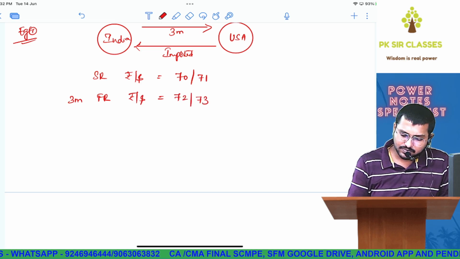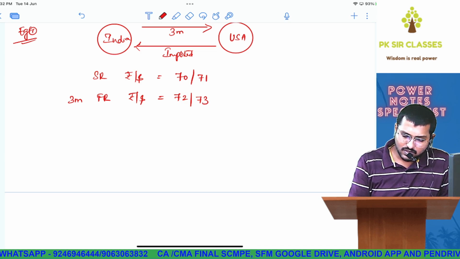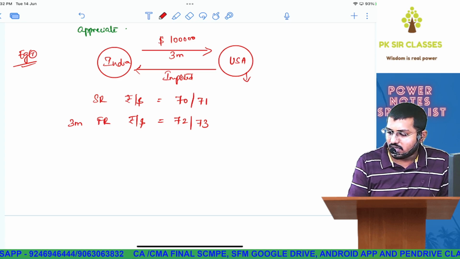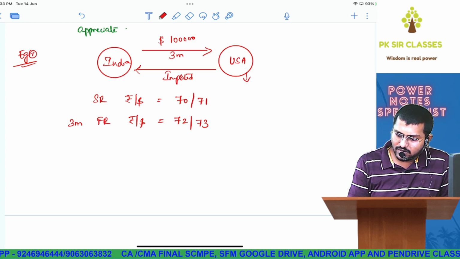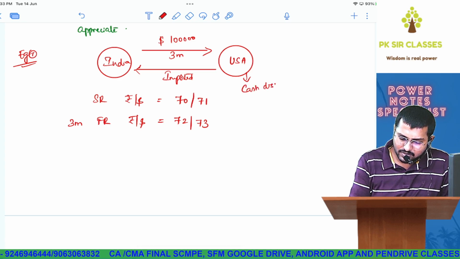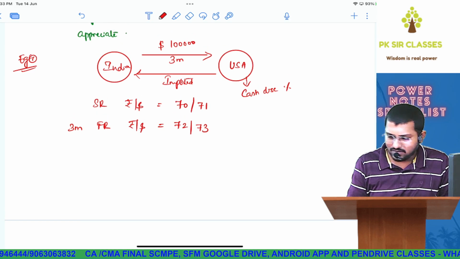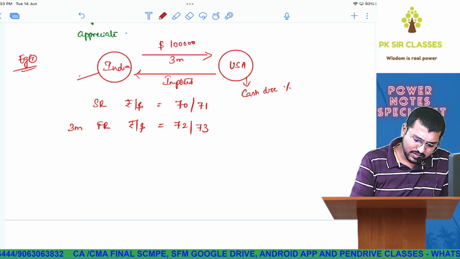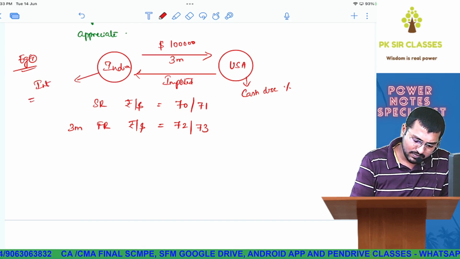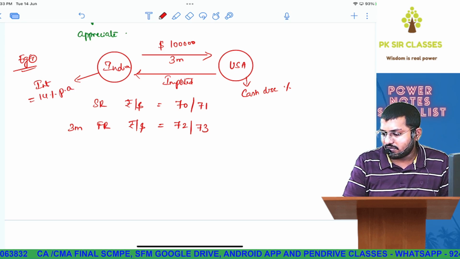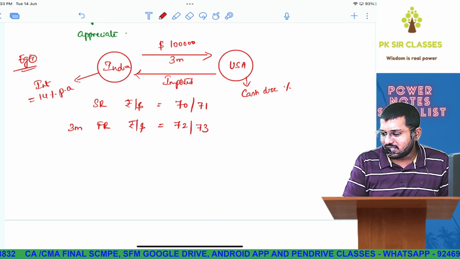So the USA party, you have to make payment, right? There is a cash discount of 1% if you pay early to the USA party. And in India, the interest rate is 14% per annum. I think this data is enough.